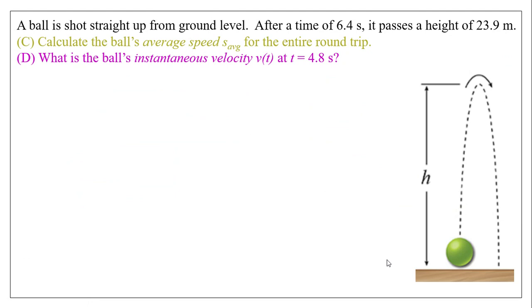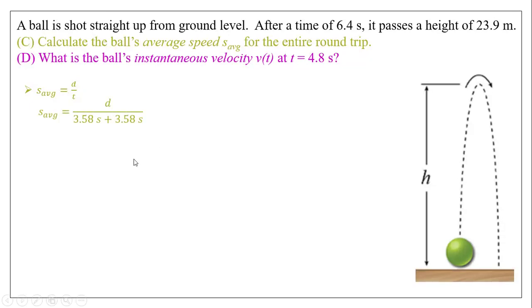Part C asks you to calculate the ball's average speed for the entire trip. For this one, it asks for average speed, so I need to figure out what the distance is. Average speed, by definition, is distance divided by time. If it says the whole entire trip, I need to figure out the distance and the time.